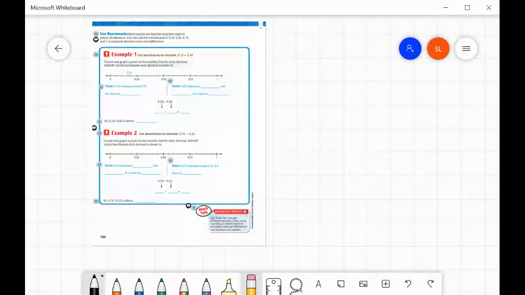When we look at the line graph, we're going to try to add 0.18 and 0.43. Let me make this a little bigger.